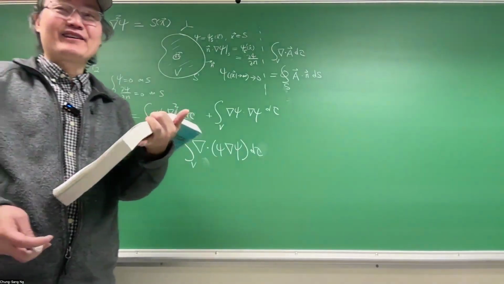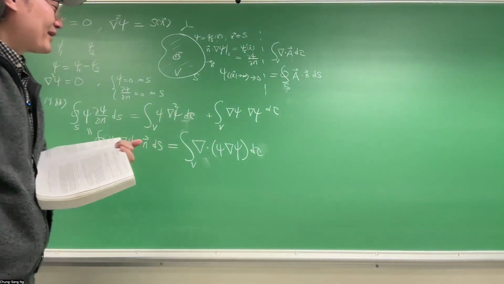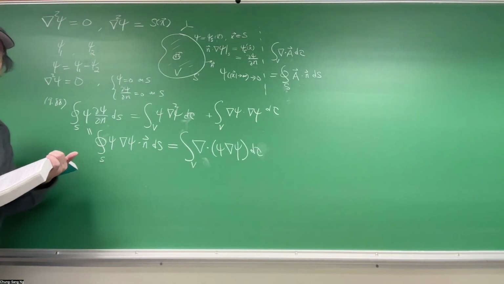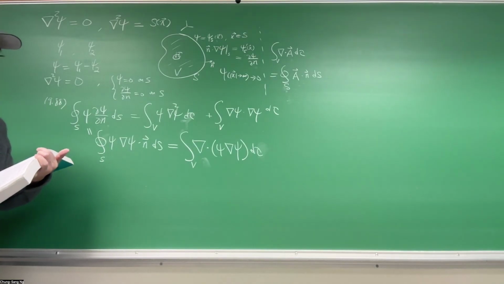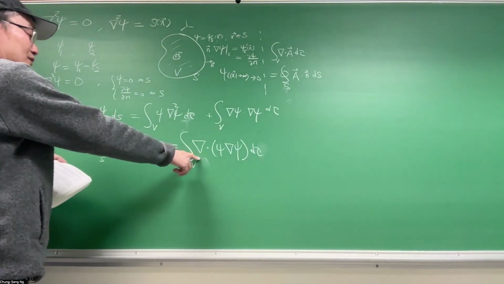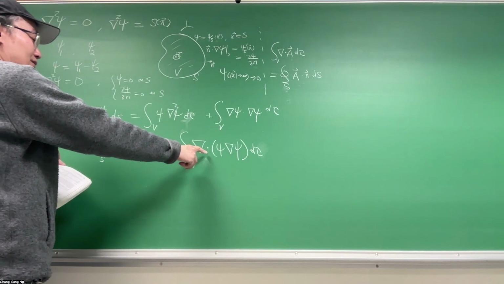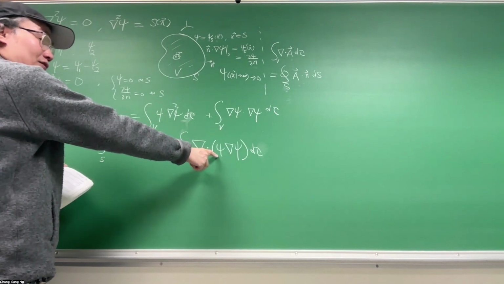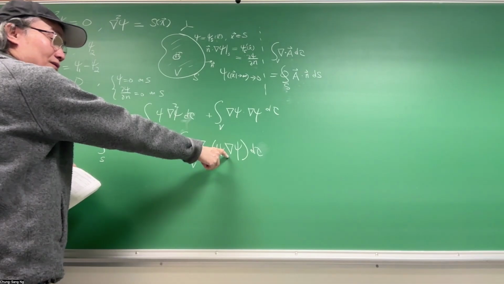look up your table. They usually have lots of these vector identities or vector calculus identities. You look up the divergence of a scalar function times a vector function.